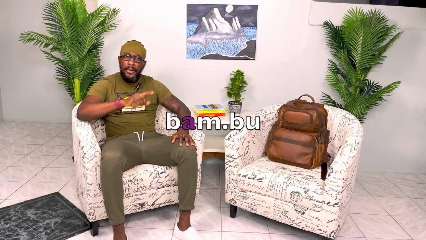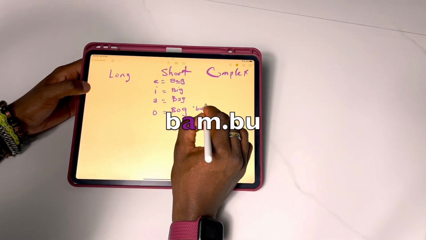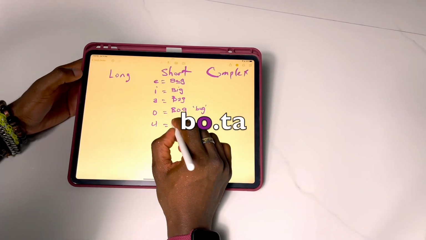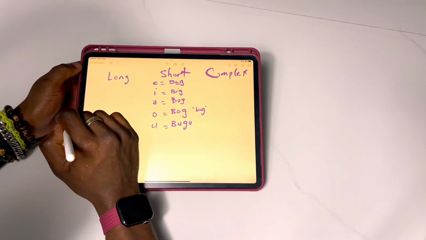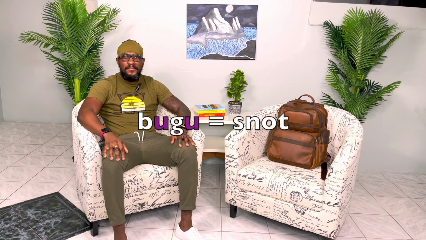So far what we have been focusing on are the first vowel sounds in each of these words. So be ga, we have ba bo, we have butter. And what's the last one we're missing so far? Exactly, the O. In words like bogo. What is bogo? Bogo is snot.